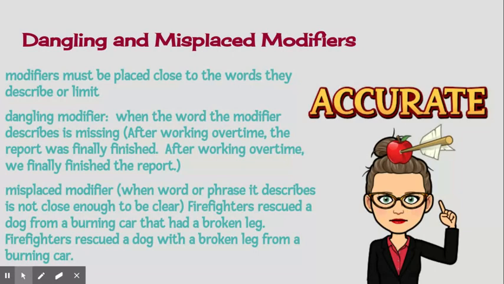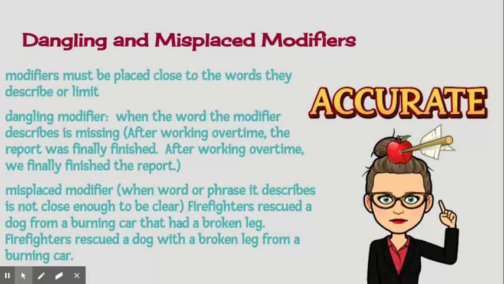I'm fairly certain the burning car is not who has the broken leg. It could be the firefighters, possibly, although they'd have a lot of difficulty rescuing a dog from a burning car if they had a broken leg. So it's more likely that if you look at the fixed sentence, that firefighters rescued a dog with the broken leg from a burning car.